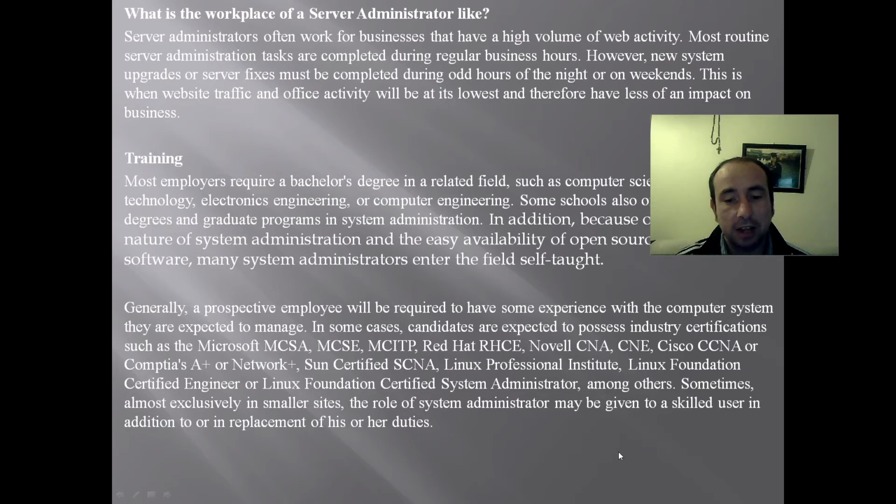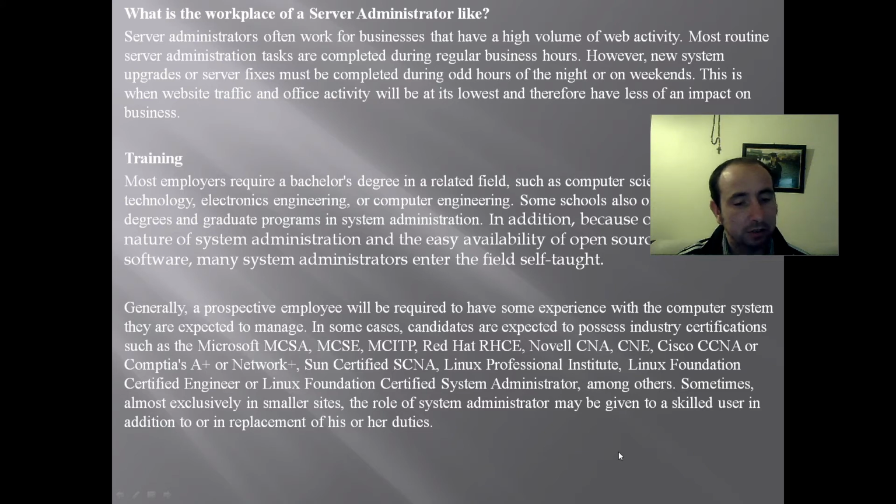In some cases, candidates are expected to possess industry certifications such as Microsoft MCSA, MCSE, MCITP, Red Hat RHCE, Novell, Cisco CCNA or CompTIA's A+, Network+, Sun Certified SCNA, Linux Professional Institute, Linux Foundation Certified Engineer or Linux Foundation Certified System Administrator, among others.